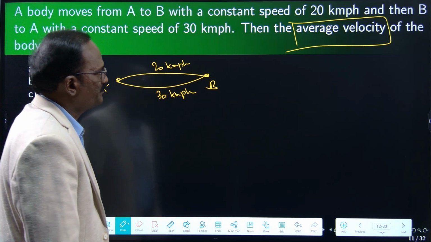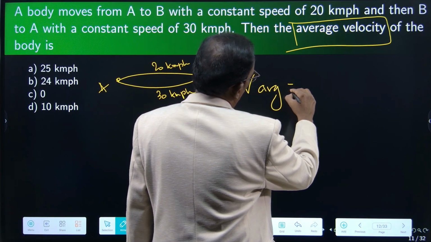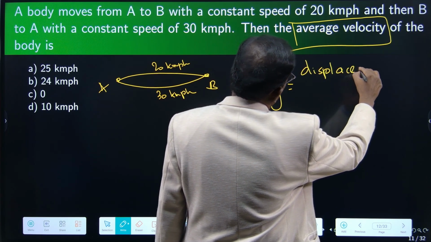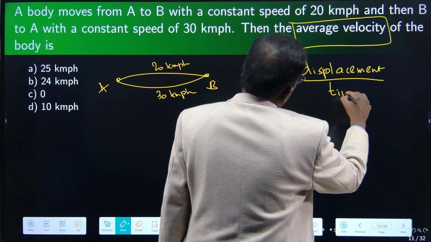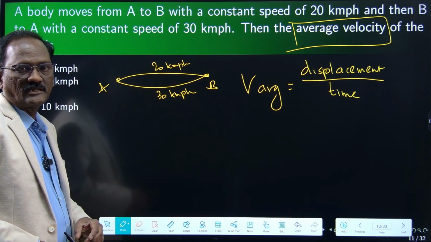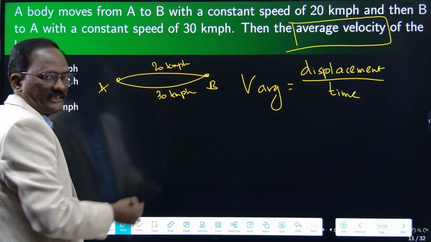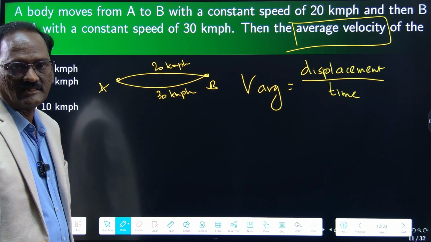Velocity is displacement per time. V average, this is velocity, displacement over time. A to B, first it is moving, then it is coming B to A. So the position is again A. It returns to the same place where it was started.